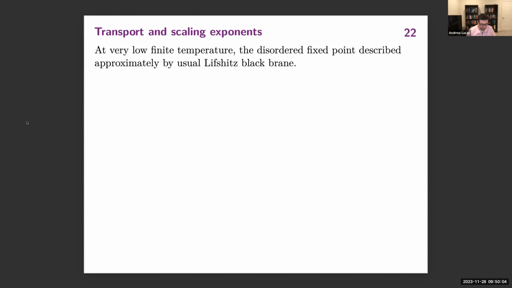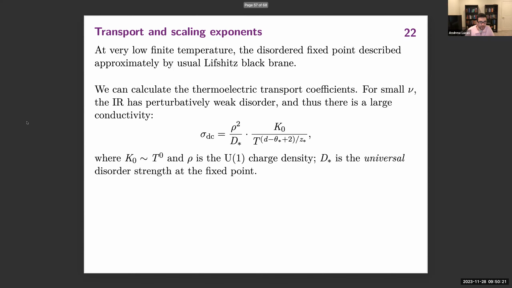Once we have this IR disordered fixed point at finite density, we can start asking some questions that we couldn't before. And one of the questions that we'd like to ask is about the nature of transport at the IR fixed point. In particular, we're going to focus on the electrical transport captured by conductivity sigma. We'll look at sigma as a function of frequency, starting with the 0 frequency limit where we have a DC conductivity.